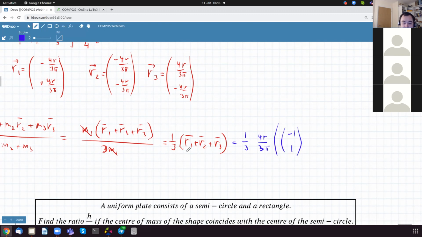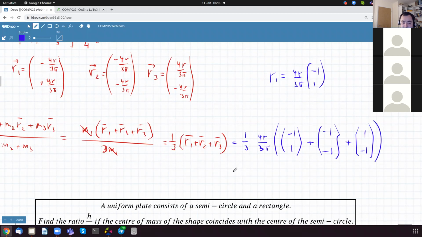This is R1, so R1 is 4R over 3 pi multiplied by -1, 1. I hope you understand that. So I'm just taking 4R over 3 pi out, plus R2, which is -1, -1, plus R3, which is 1 and -1.